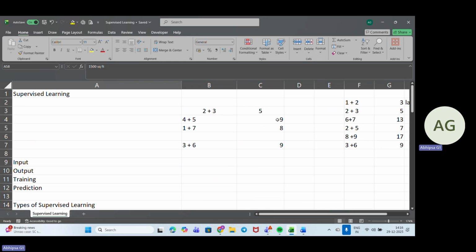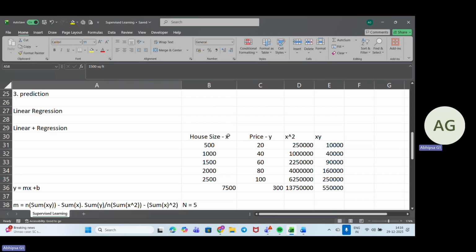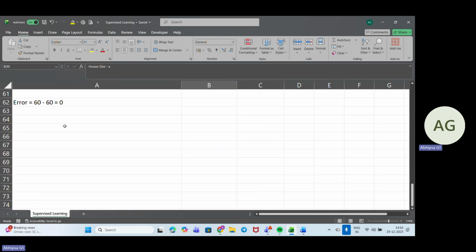So here for this data set, we have only one x, and the y value will of course be one, but there is only one factor that has affected it. That's why the formula for linear regression is y equals mx plus c or b.